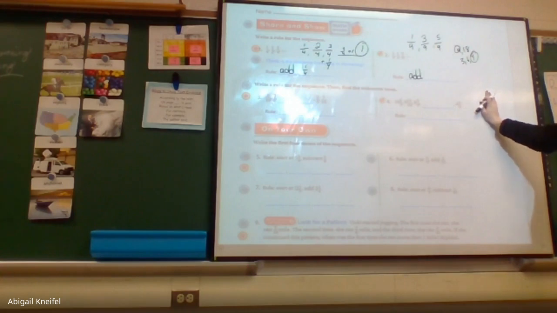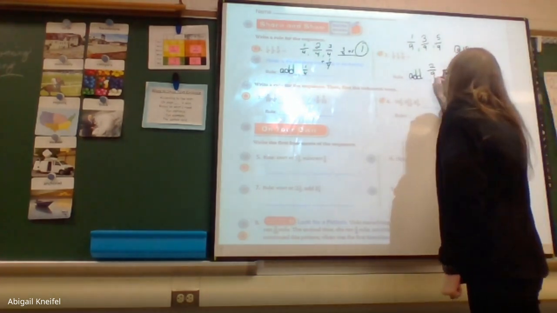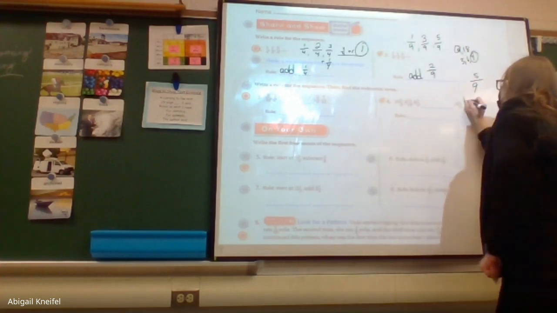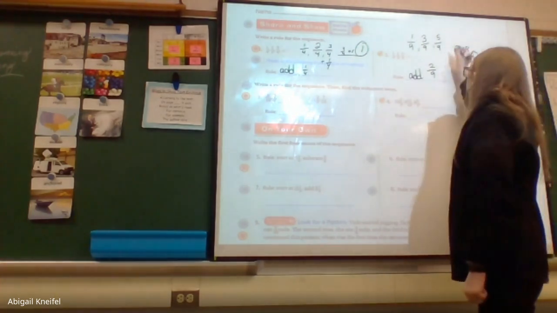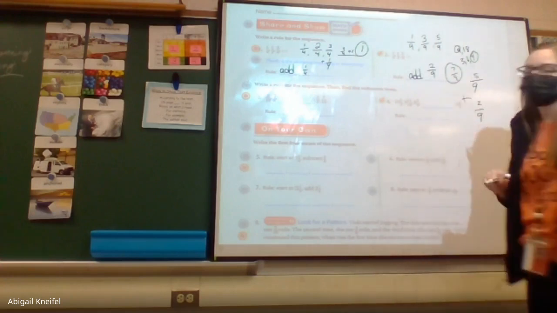So 1/9, 2 9s, 3 9s. So how many 9s did I add? 2 9s. So now I need to take 5 9s and add 2 9s. What is 5 plus 2? 7. So my new one is 7/9. Okay?